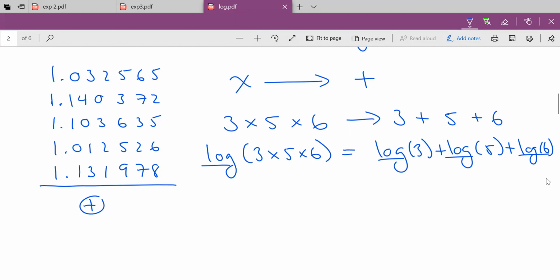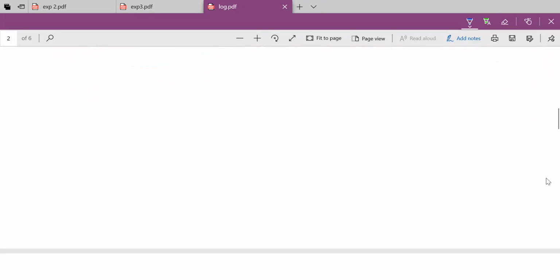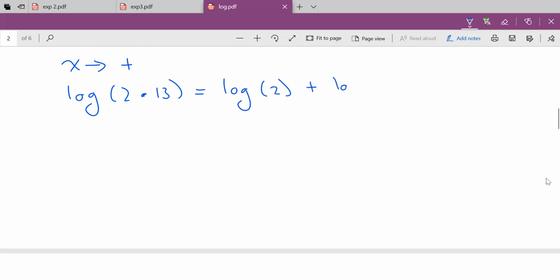Okay, let's look at the rules of these things. So rule number one on my formula sheet. We actually just figured it out. The goal of logarithms was to turn multiplication into addition. So if I said log of 2 times 13, well, what this is telling me is this is log 2 plus log 13.